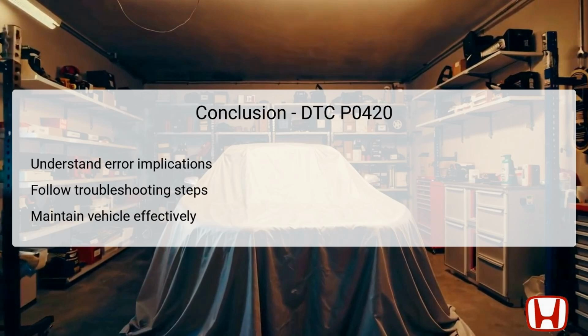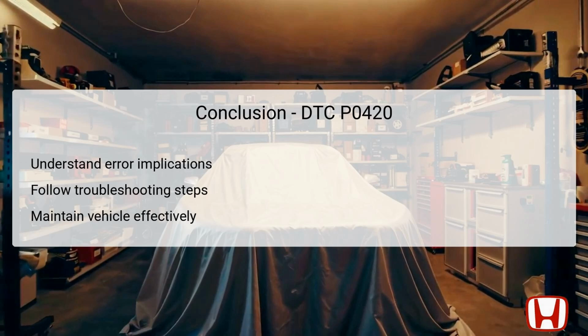In summary, understanding the implications of DTC P0420, which highlights issues with the catalytic converter's efficiency, is essential for vehicle maintenance. The systematic troubleshooting steps outlined are critical for diagnosing and resolving this error effectively while addressing potential underlying problems.